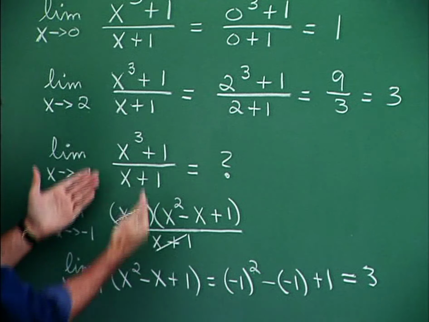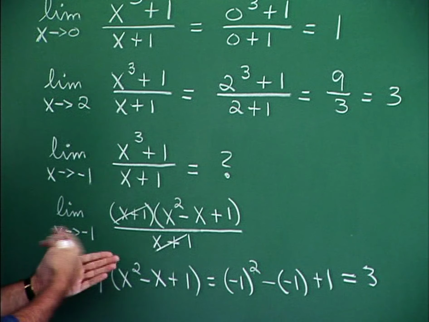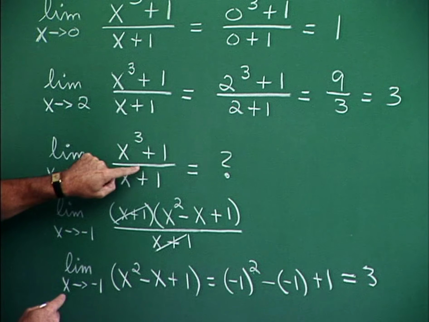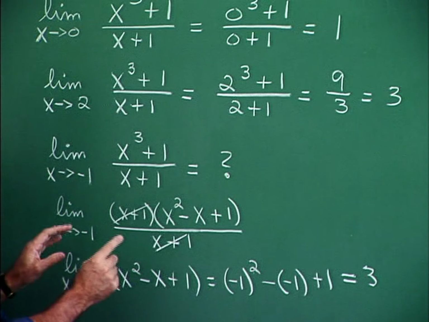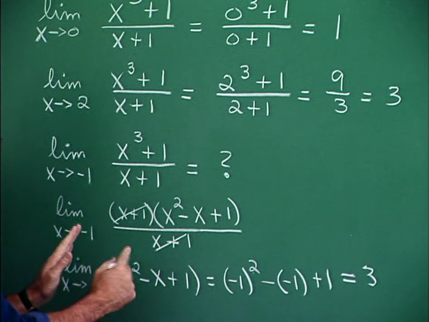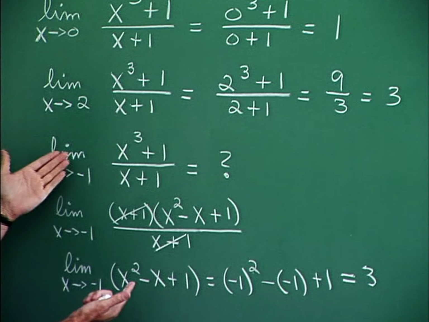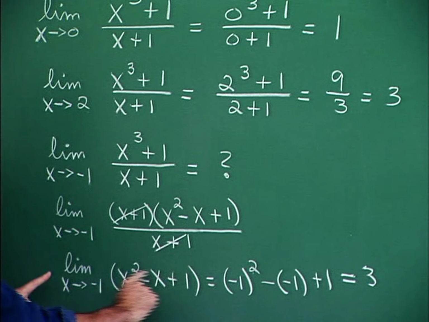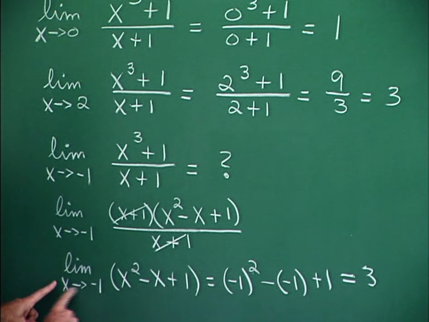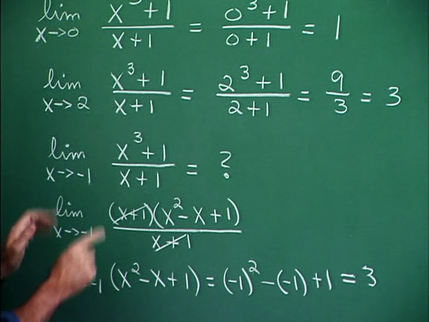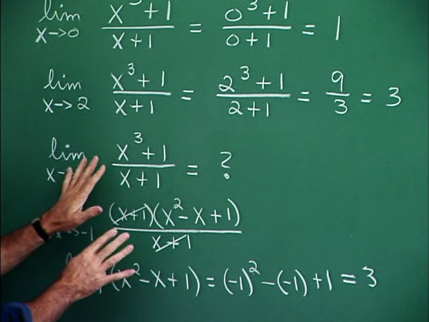If you put both of these on the graphing calculator, they would overlap exactly except for the point that's undefined in this one. And so the limits as we approach that target point are exactly the same for these two. And so here we can just by direct substitution replace x with -1 and find that limit to be 3. Okay, so that's one technique, one situation.